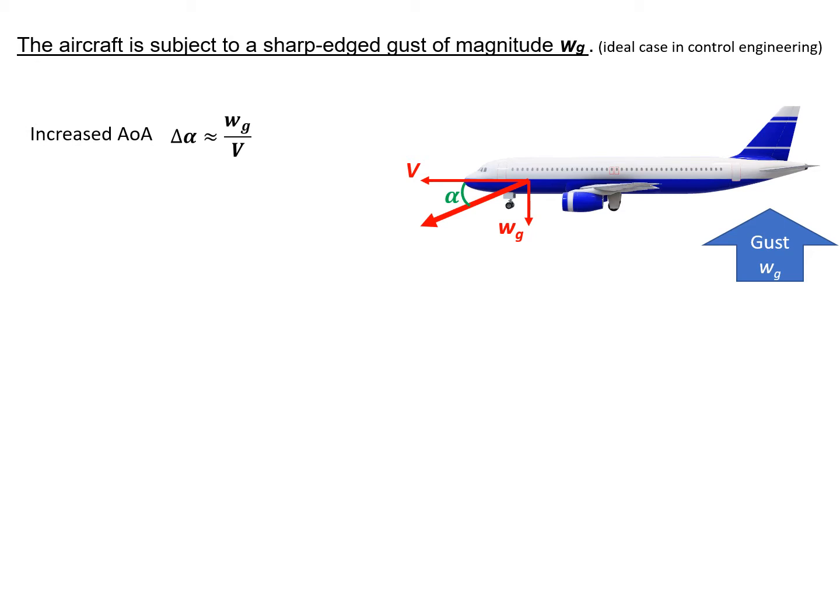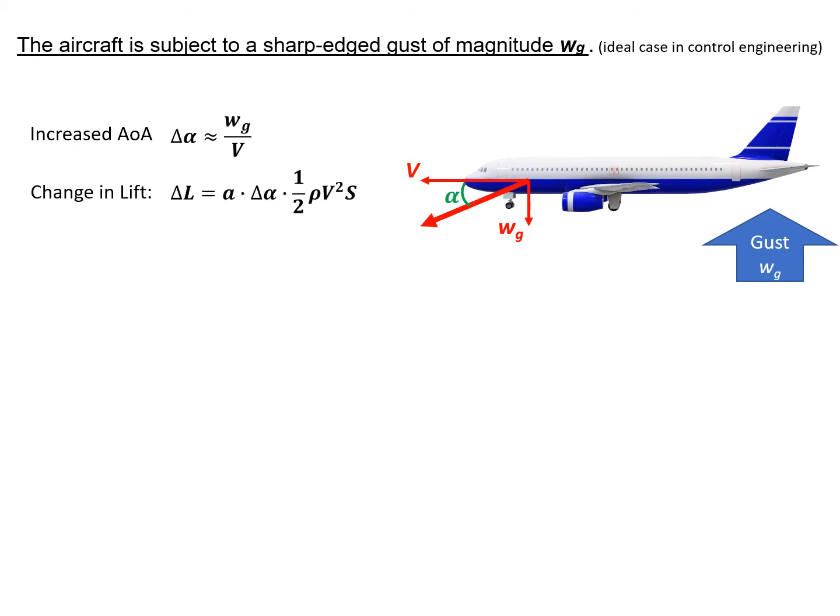The increased angle of attack can be calculated as Wg over V. Why is this? Because originally it's tangent alpha, right? And because alpha is a small angle, it can be approximated by Wg over V. So it's on the small angle of disturbance assumption.